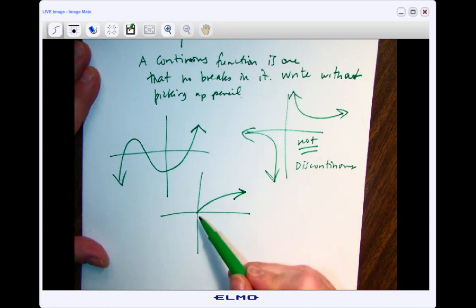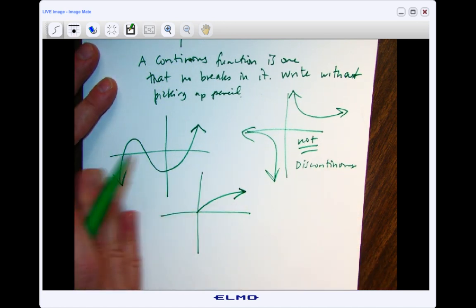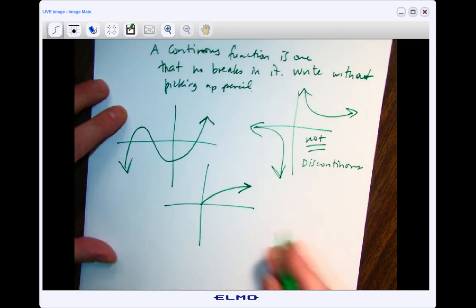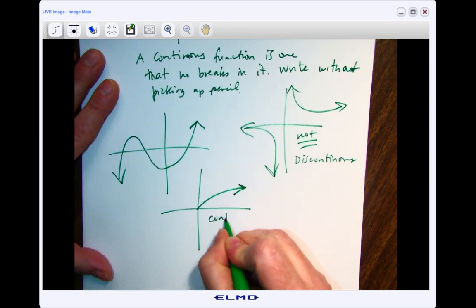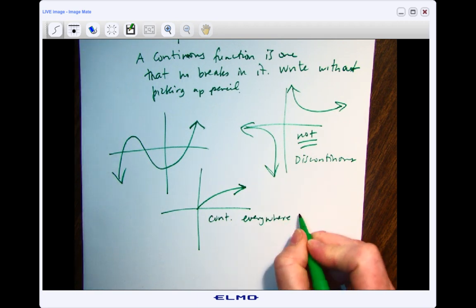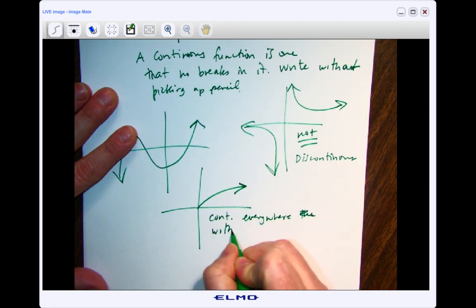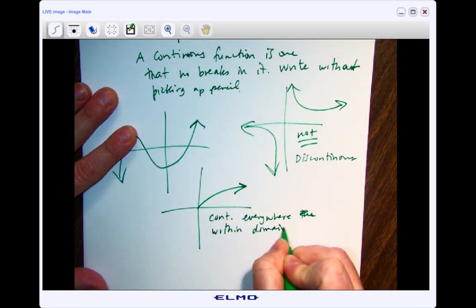This would be something like our square root function, which doesn't have any negatives over here. Sometimes we would say that this one is continuous everywhere within the domain, or everywhere the domain is defined.